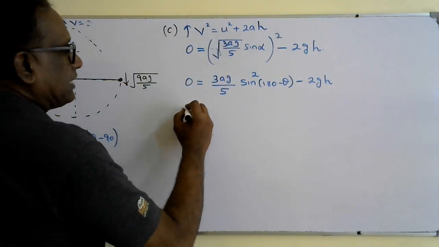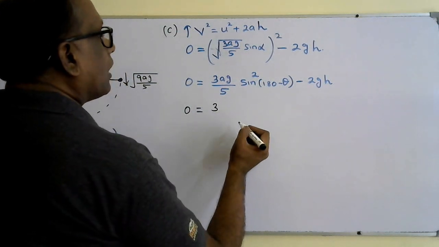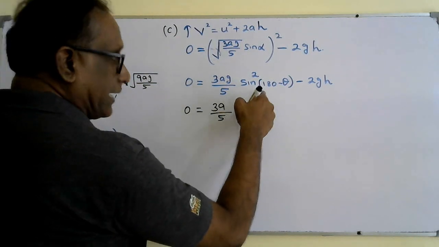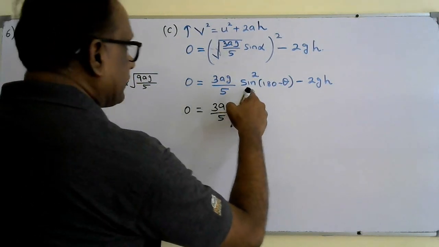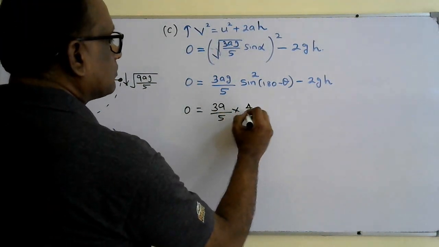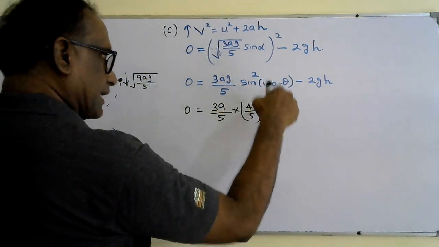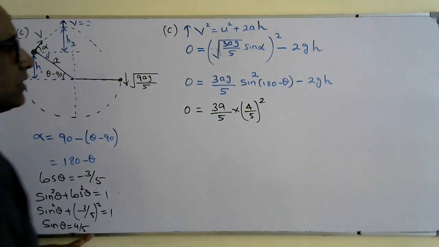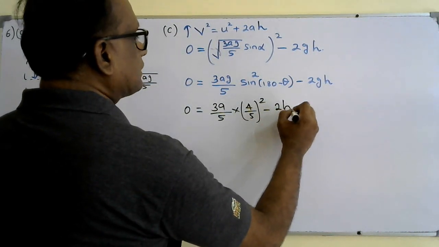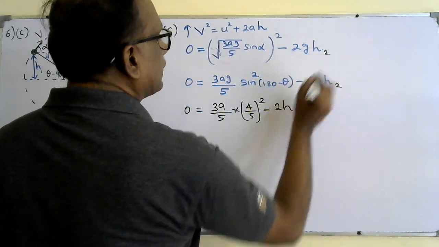So we'll substitute here. 0 is equal to 3, g will get cancelled here. So that is 3a over 5 times sine squared theta, which is 4 by 5 all squared, since sine squared of 180 minus theta equals sine squared theta, minus 2h2. Sorry, h2 I am using.